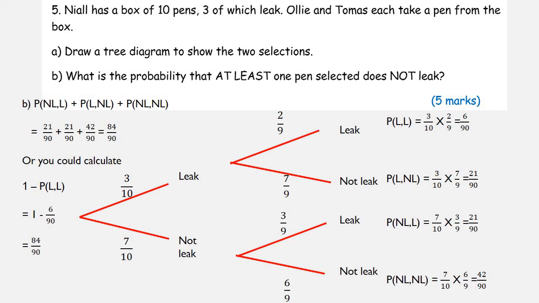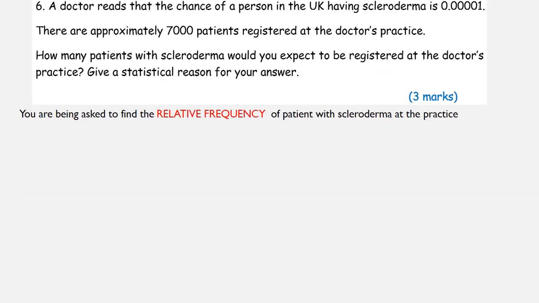Okay, question 6. This one was largely really well answered. This type of question, what they're looking for is the relative frequency. They're giving you the number of patients that are registered and they're giving the probability of someone in the UK having scleroderma. To work out the relative frequency, you simply multiply the frequency by the probability.